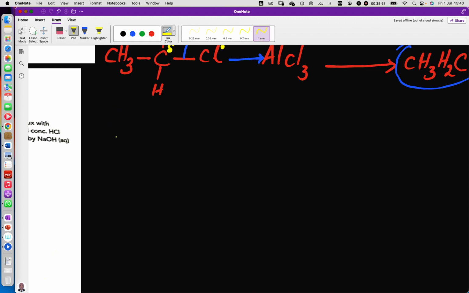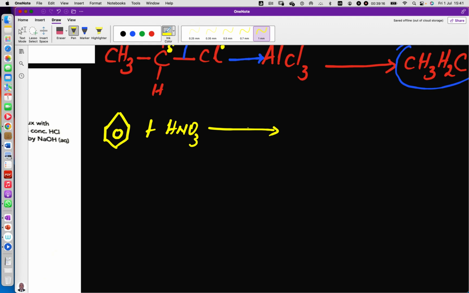Now, the reaction is this one. This is the reaction. Okay, this is a reflux.